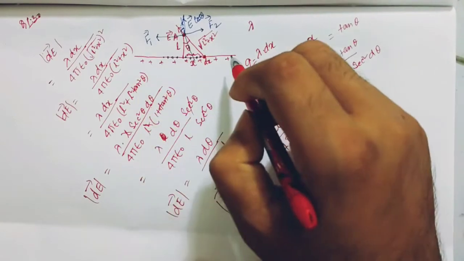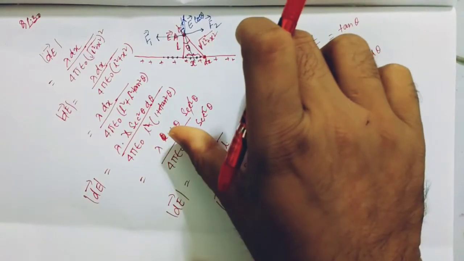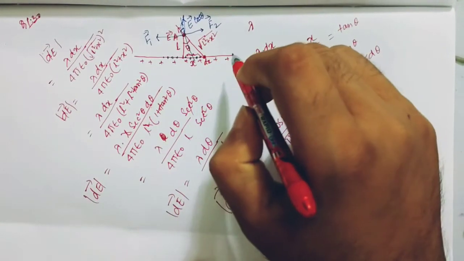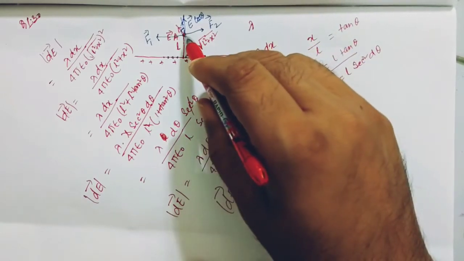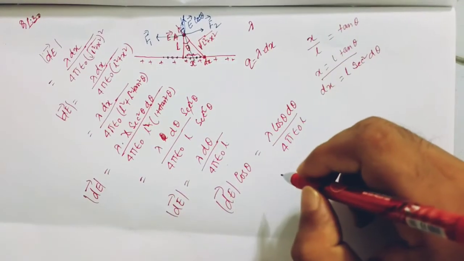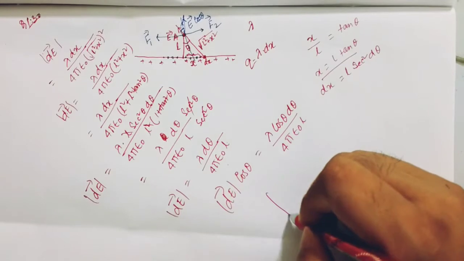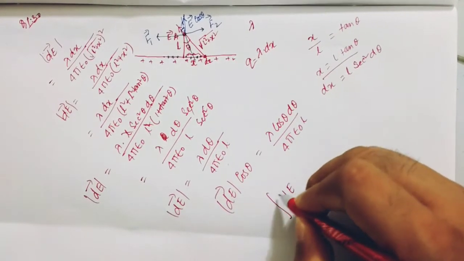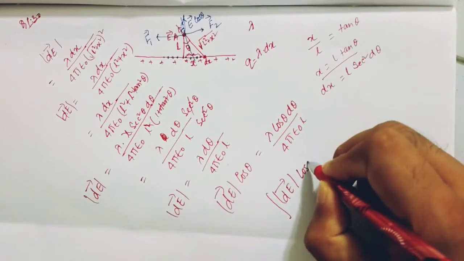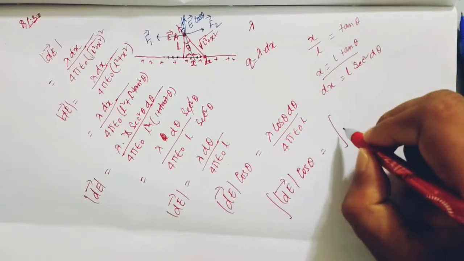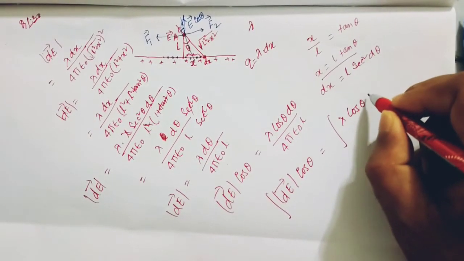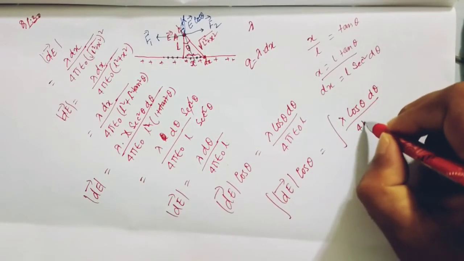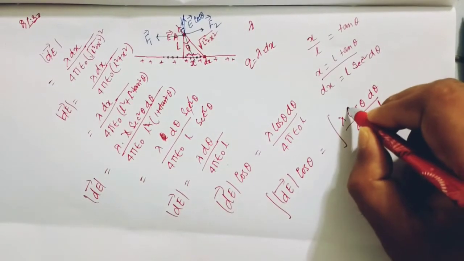Now if you want to find the field due to the whole infinitely long wire at this point, we have to integrate dE cos theta, which is nothing but the integration of lambda cos theta d theta over 4 pi epsilon naught L.